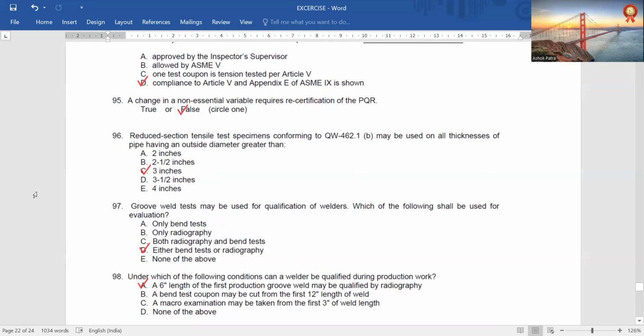Which of the following shall be used for evaluation? Either bend test or radiography. Under which of the following conditions can a welder be qualified during production work? A 6-inch length of the first production groove weld may be qualified by radiography.